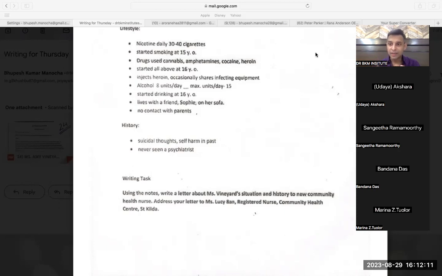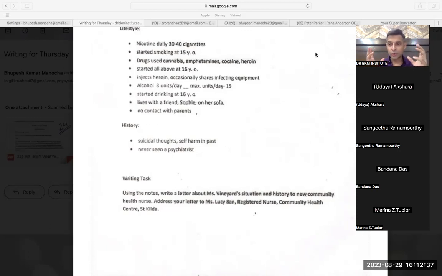If I am writing a letter to a social worker, I will not like to include too much medical data, but will let the social worker know that this and that follow-up care is required. If I am writing to a general physician, then maybe I want the medications to be monitored, the medications to be given. So it is according to the person to whom I am writing the letter.